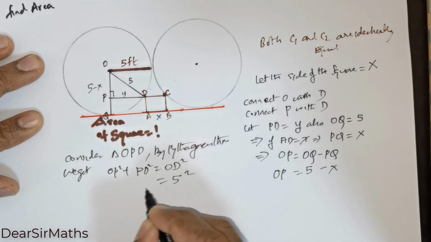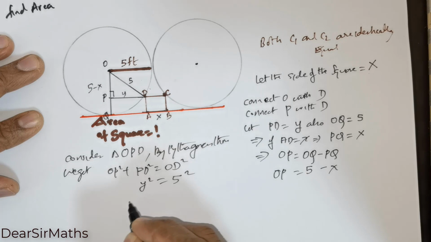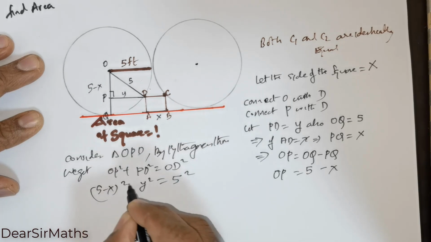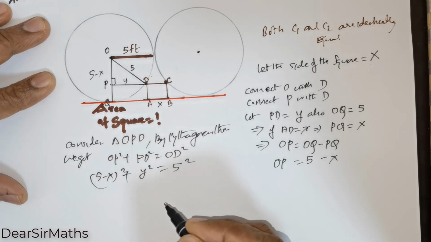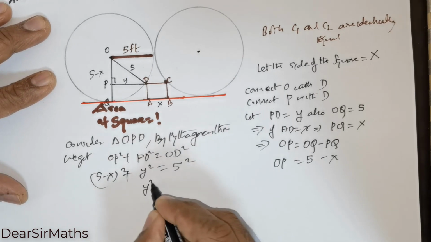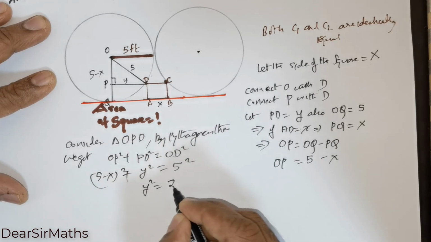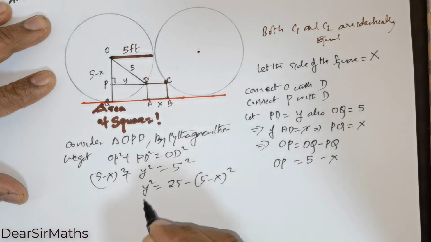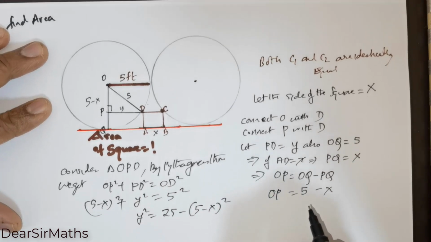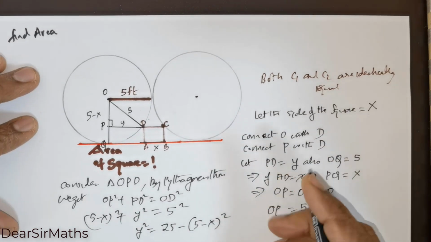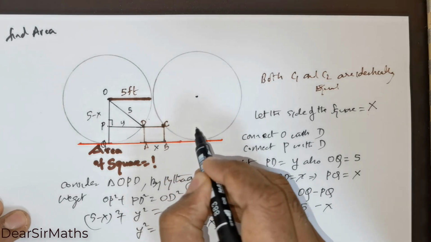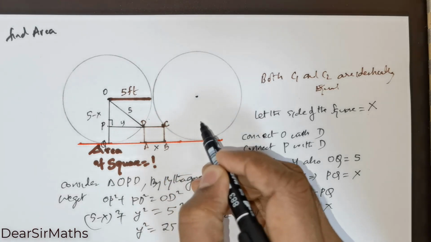OD squared is 5 squared, PD squared is Y squared, and OP squared is (5 minus X) whole squared. I'm going to represent this for Y. So Y squared is 25 minus (5 minus X) whole squared. This is my Y.